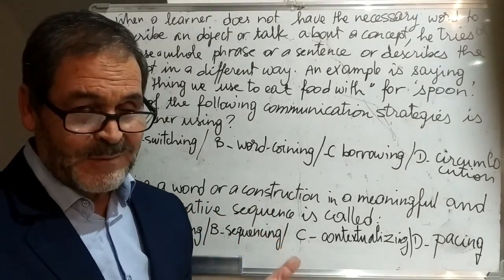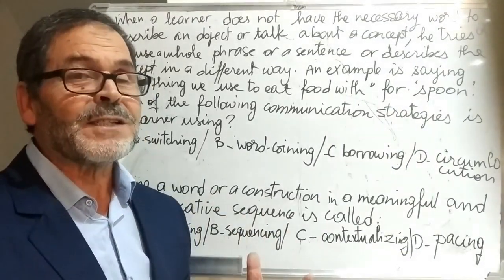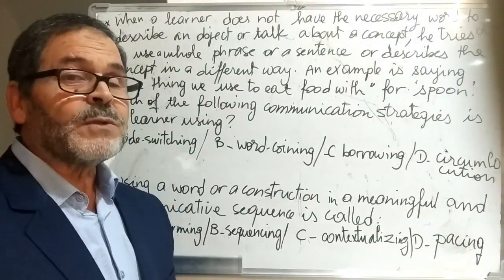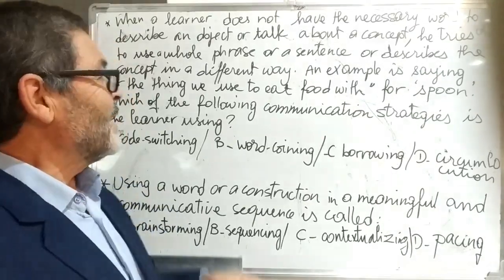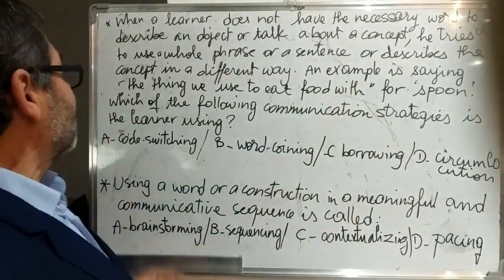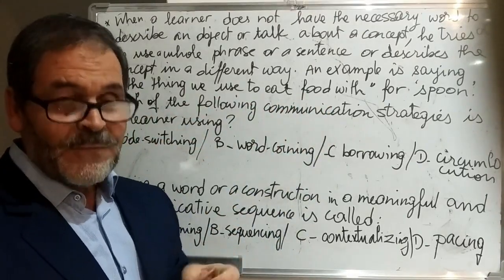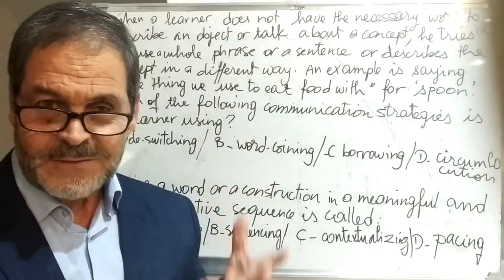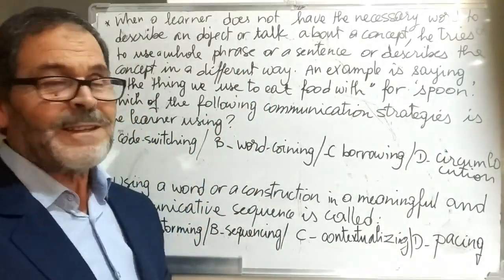It happens sometimes when we don't know the exact word, the exact concept, or the exact synonym of a word. What do we do? We go around the sentence. We give different words, okay? An example is saying "the thing we use to eat food with" for spoon. Imagine someone doesn't know the word spoon or chopsticks, for example. The thing we use to eat food with, right?